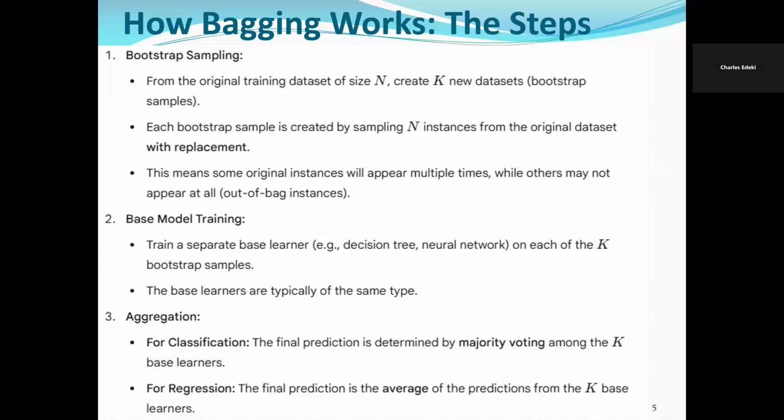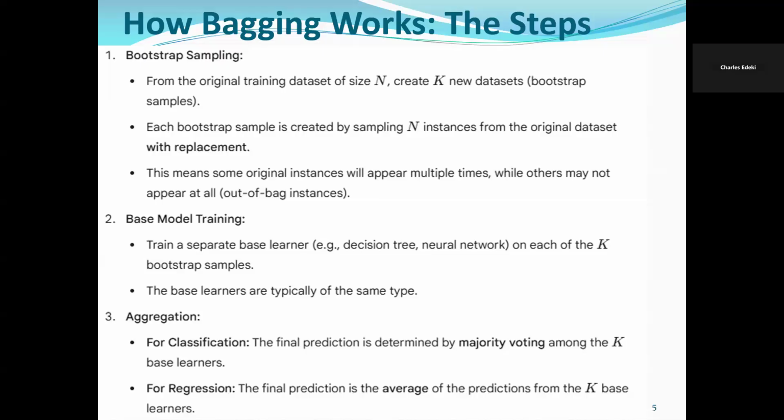And some instances from the original training set may not appear at all in any of the sub training samples we have. So there's a term we use, which we call out of bag instances, or OOB. I think that's the only implication we can give.